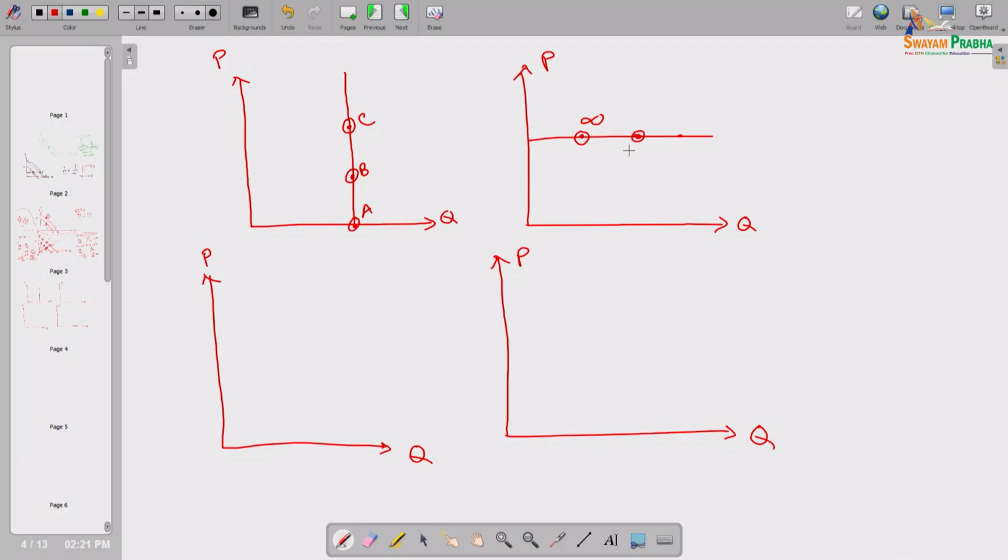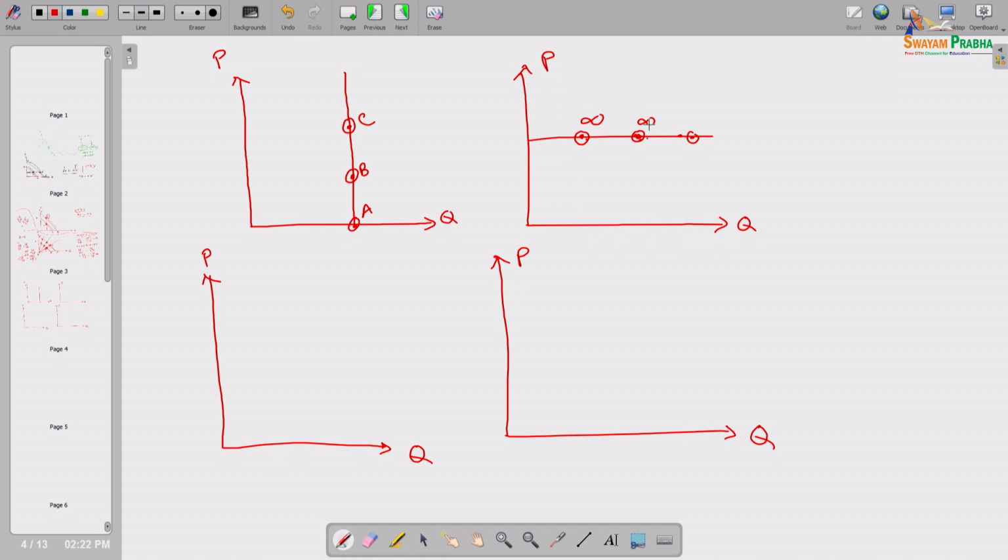Although this point is infinitely large and this point is also infinitely large, infinity does not have any definition or boundary. So it is better not to claim that they are the same at this point and that point, because here it is infinitely large and here also, but we should not say they are the same.